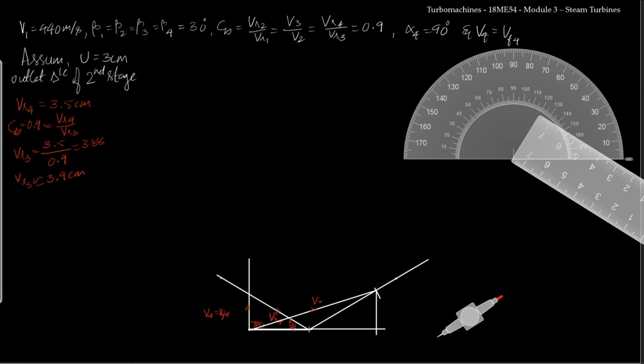This is our V3, this is our VR3, and this is our VF3, and this angle will be beta 3 and this angle will be beta 4. This is U. Now I need to construct the inlet velocity triangle.